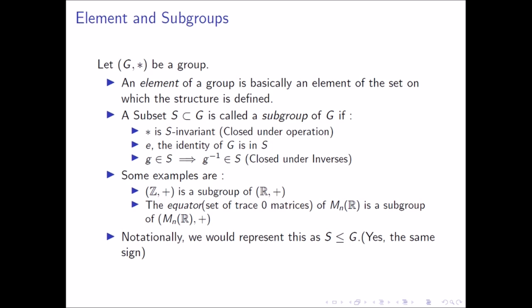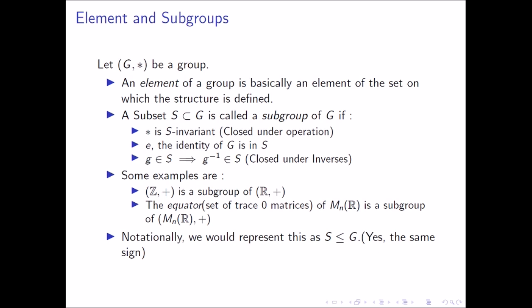Notationally, we would represent that S is a subgroup of G as S less than or equal to G. Yes, this is the same less than or equal to sign as in the order of real numbers. Actually, this justifies another thing. Consider this example, Z plus and R plus. We also have Q plus, and Z is a subset of Q as well, and Q is a subset of R. So it turns out that Z plus is a subgroup of Q plus, and Q plus is a subgroup of R plus.